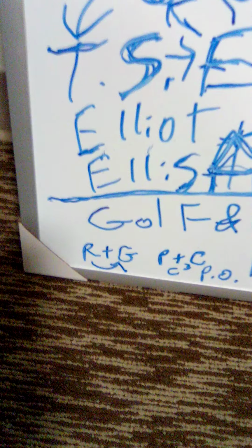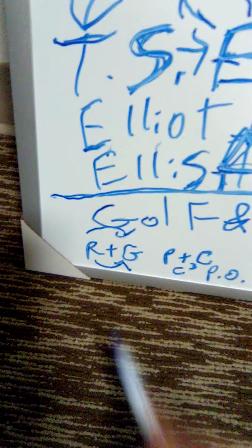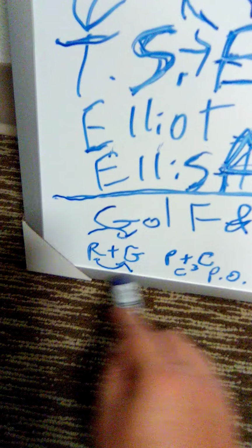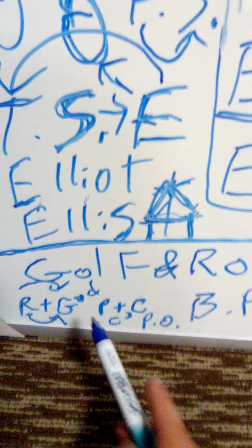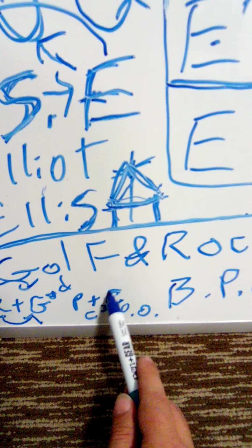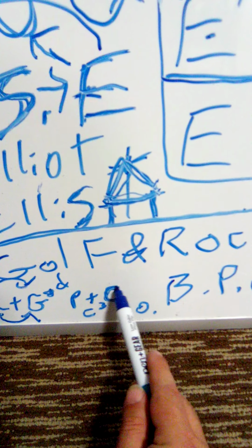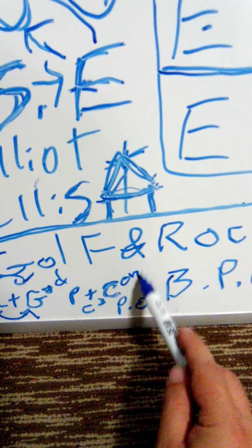See? Real good system. See? Reality and God. See? And then we had a political and a creative, a government and a creative mind, which was Congress.